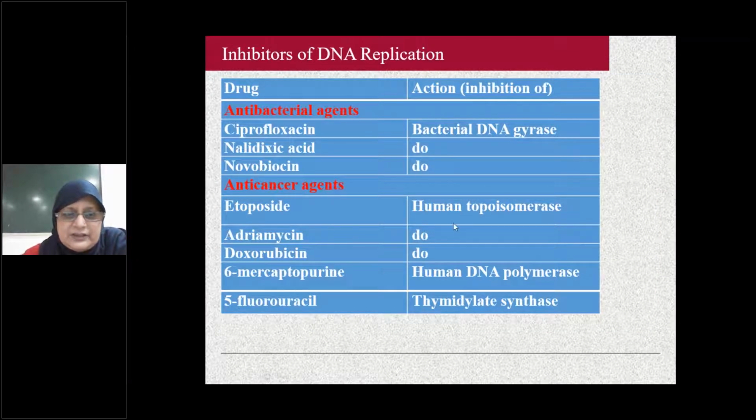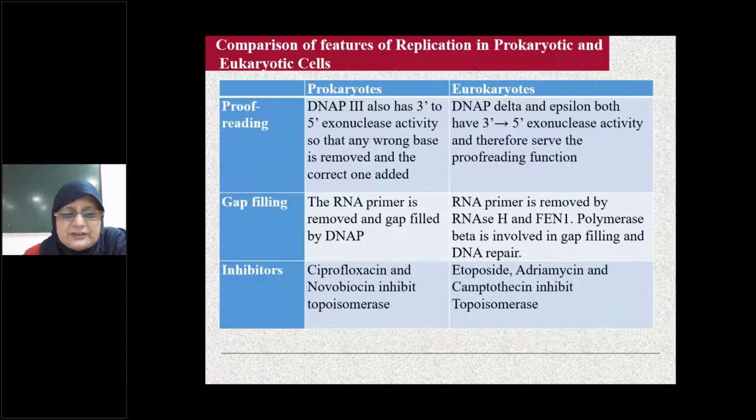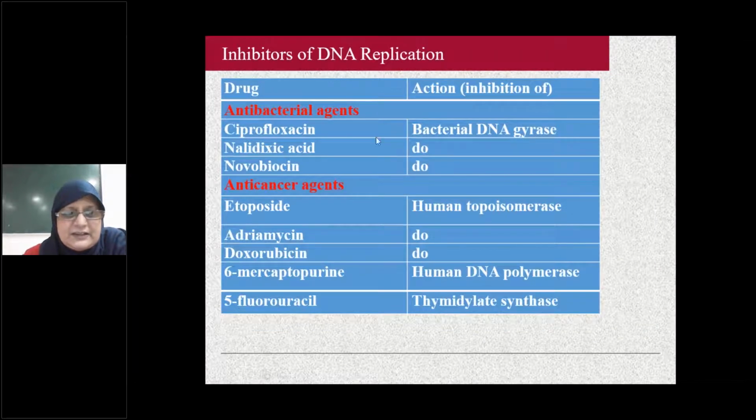So this is what I was just telling you also. These are also inhibitors of DNA replication. Ciprofloxacin is an antibacterial agent, and then there are also anti-cancer agents. Ciprofloxacin, nalidixic acid, and novobiocin will inhibit the bacterial DNA gyrase.